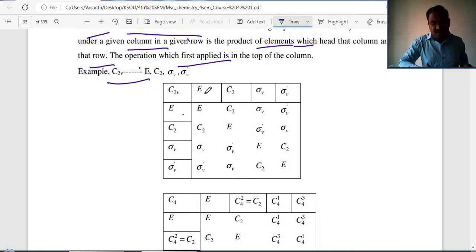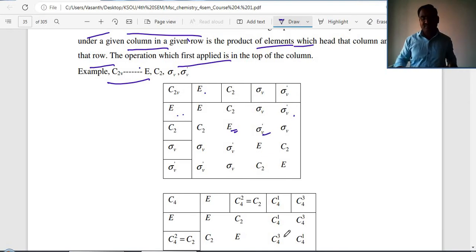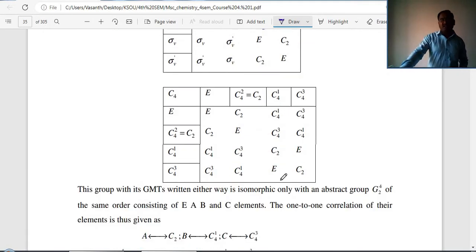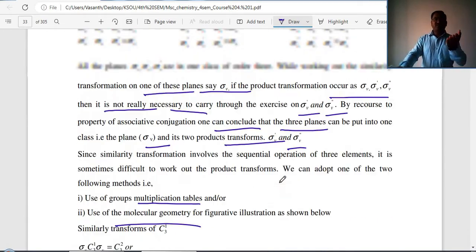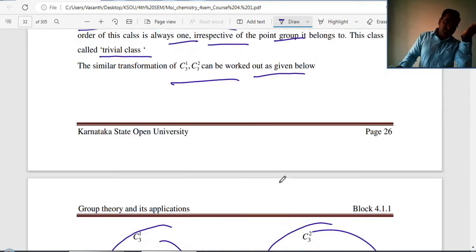E into E is E only. E into C2 is C2, E into sigma v is sigma v, E into sigma v dash is the same. C2 into E is C2. C2 into C2 is E. C2 into sigma v is sigma v dash, like that. That is the construction using this data.